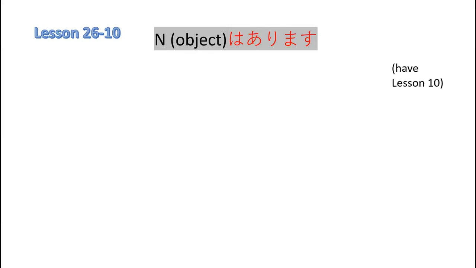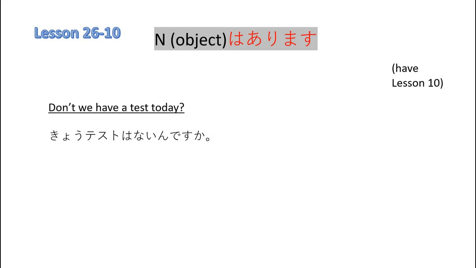Another grammar pattern is noun wa arimasu. This pattern also we have learnt in lesson 10. It means to have, but in lesson 10 we learnt noun ga arimasu. And in this lesson we will be using the particle wa. For example, don't we have a test today? 今日テストはないんですか?